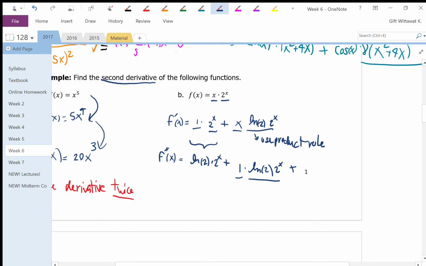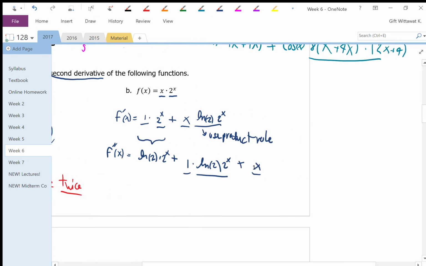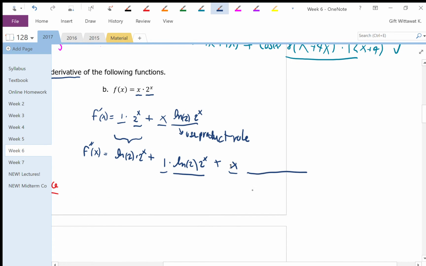My second term, the x stays the same, and I need to find the derivative here. This should be the derivative of log of 2 times 2 to the x. So what is the derivative of log of 2 times 2 to the x? That's going to be log of 2, log of 2 stays the same, times the derivative of 2 to the x, that's going to be log of 2 times 2 to the x.